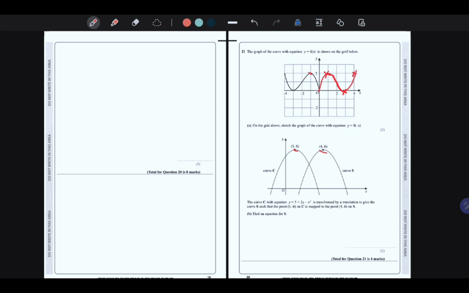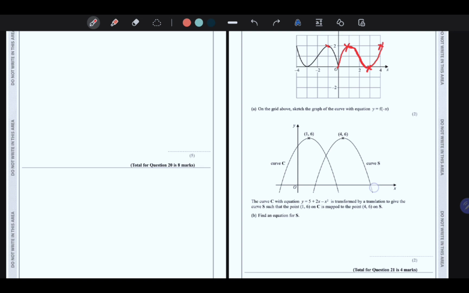Find an equation for S. Okay, so we notice here that this point has been shifted 3 to the right to get 4, 6. It means all the x values have been increased by 3. So you need to apply a transformation of x minus 3.